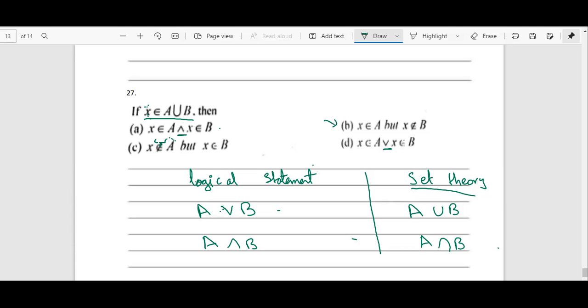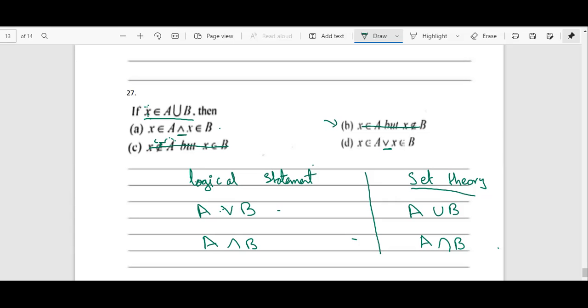B option says X belongs to A, but X does not belong to B. Now, this is something which we are not sure about. If X belongs to A union B, it means that X belongs to either A or B or both of them. Like, we are not sure about this, that if X belongs to A or if X belongs to B. So clearly B and C cannot be the answers.